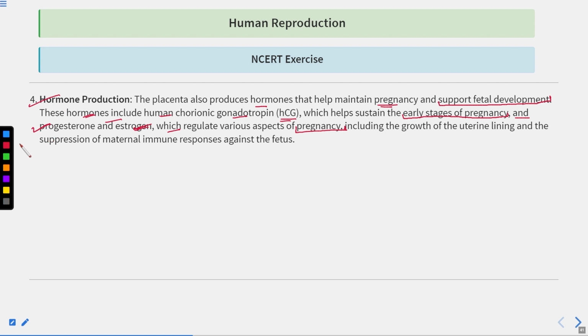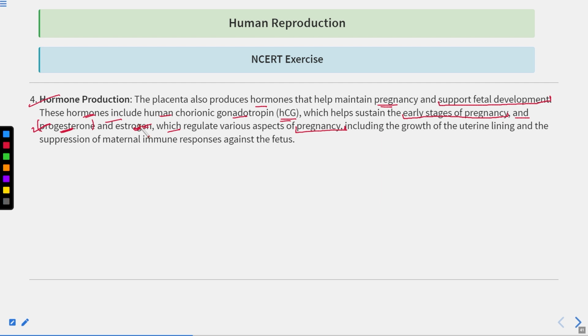Another function of progesterone is to help in the development of the milk ducts. So progesterone helps to prepare for lactation. It is not directly involved in lactation, but it helps to prepare for it. Clear?